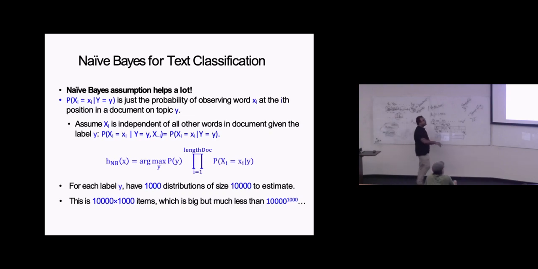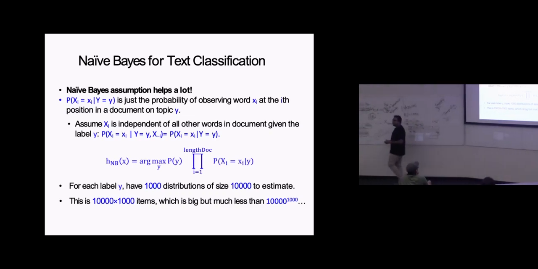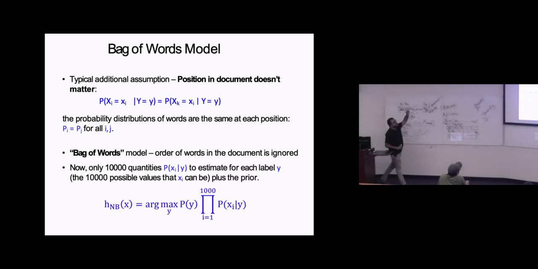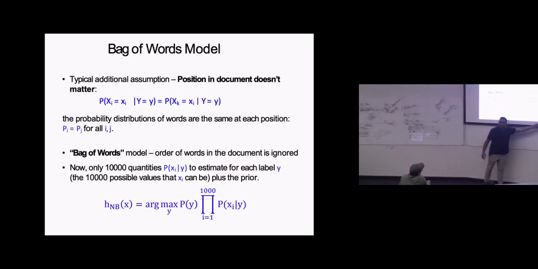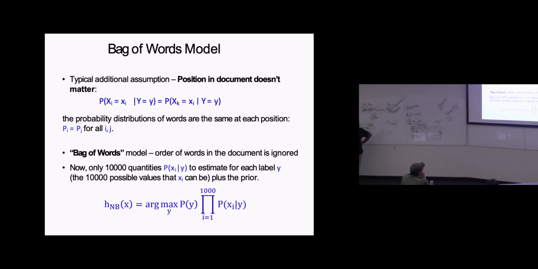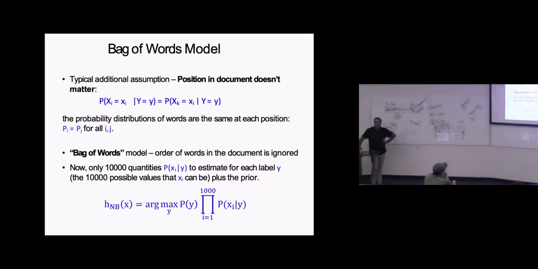By making this assumption, we come to this number of probabilities. But then we can simplify further. We can say position also doesn't matter. When we say position doesn't matter, that boils down to this model. What is the difference between the previous model and this model? Now you are saying the probability of xi doesn't depend on i.